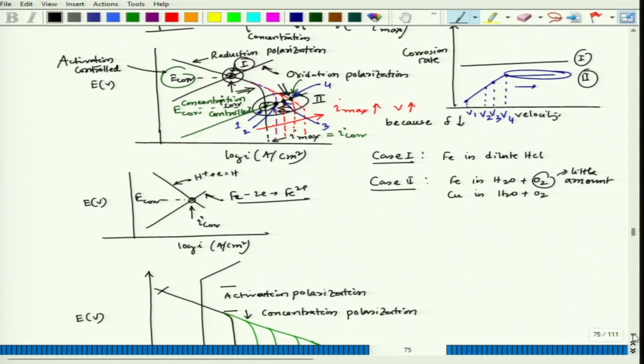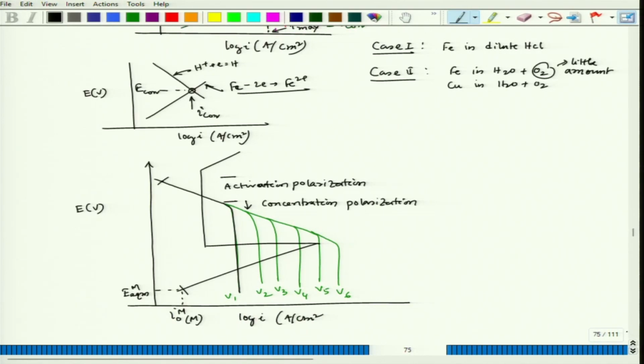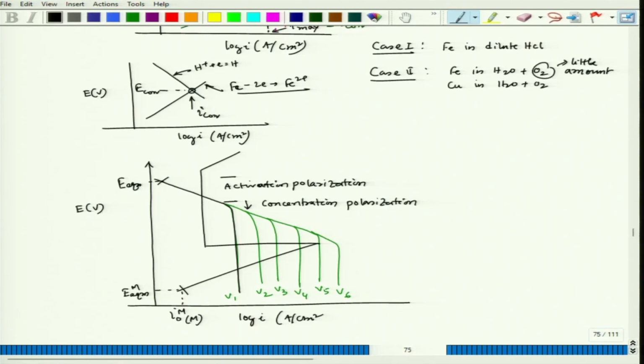Now, if we start with a bare metal without any passive layer, then we know that the metal dissolution process, or the anodic polarization, as well as cathodic polarization, will try to take the potential to a certain value between the extreme potentials, which is the equilibrium potential. Here the equilibrium potential is of the oxidant. So, this is oxidant plus E, reductant, this is the reduction process.